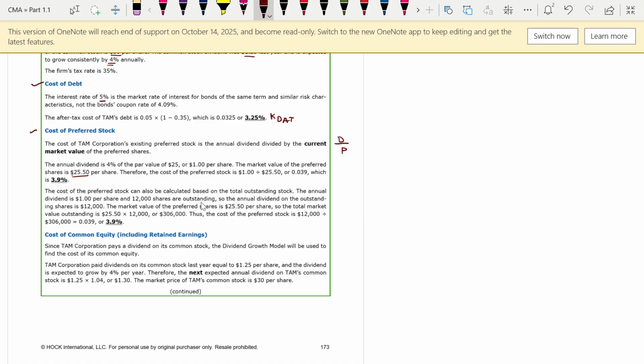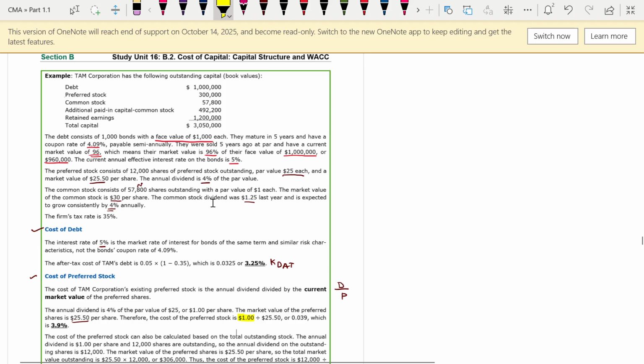The cost of preferred stock is how much? How much are they paying as dividend? They are paying the same dividend, $1. The preference dividend per annum: the annual dividend is 4% of the par value. The par value is 25.